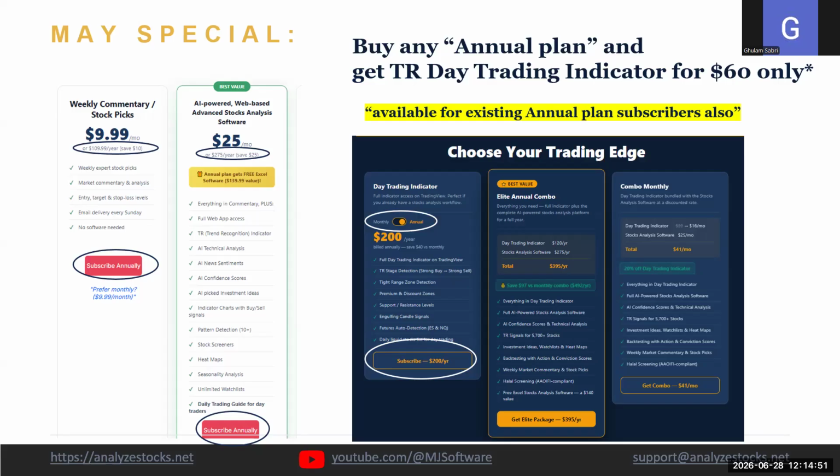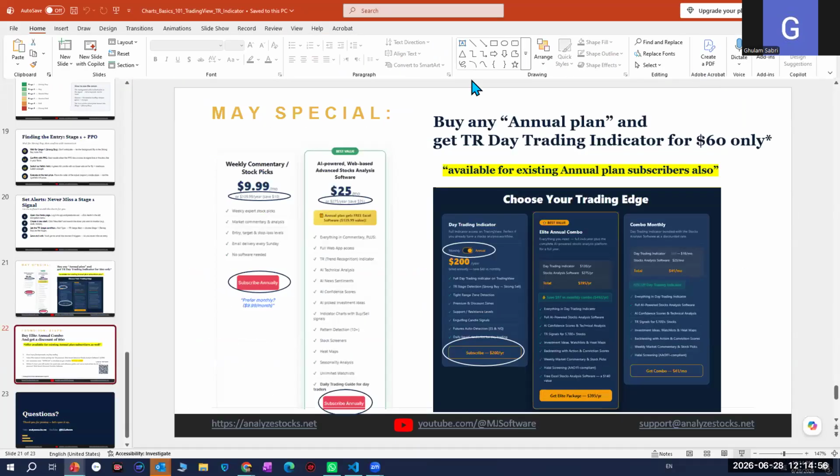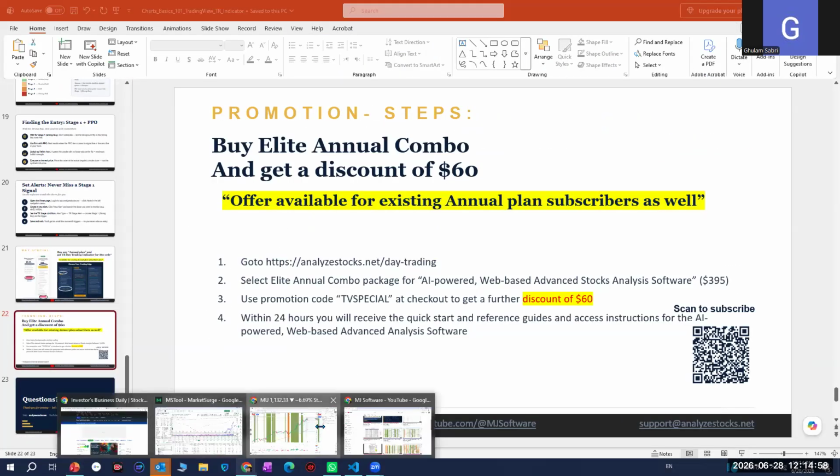Now about TradingView, some people ask me how much the essential plan and other plans cost. That is obviously a TradingView product.